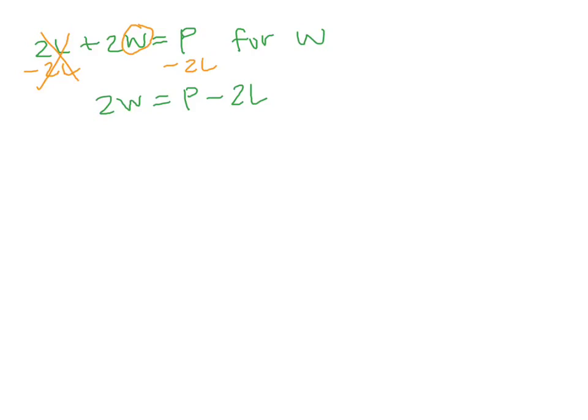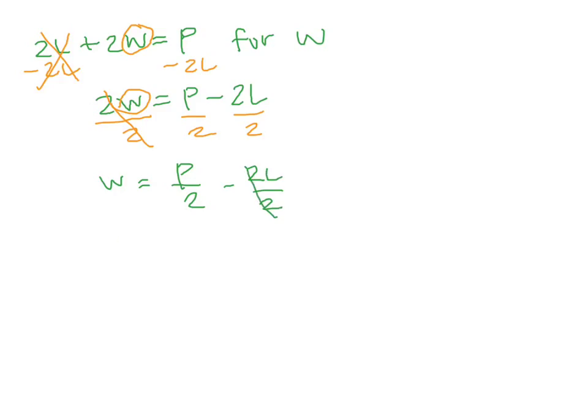Next, I need to multiply and divide in order to isolate that W. And I need to multiply and divide every term. So if we want to get W alone, we have to move the 2. So I divide every single term by 2. 2 divided by 2 cancels, so we have W equals P divided by 2 minus 2L divided by 2.